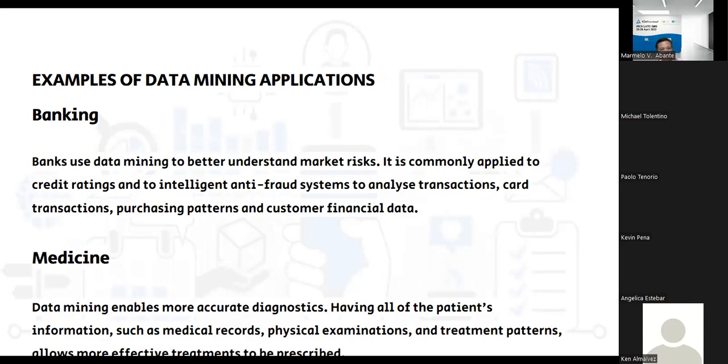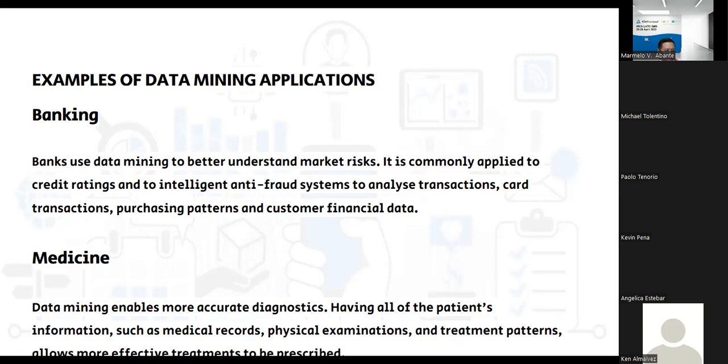It is commonly applied to credit ratings and to intelligent anti-fraud systems to analyze transactions, card transactions, purchasing patterns, and customers' financial data. Data mining allows banks to learn more about our online preferences or habits to optimize the return on their marketing campaigns, study the performance of sales channels, or manage regulatory compliance obligations.